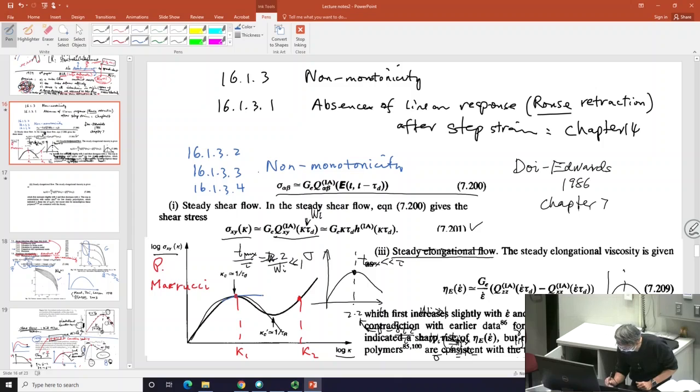So in his rescue of the Q model, he suggests that there will be no unphysical negative part of it. And the way to do that is to suggest that there is so-called convective constraint release.